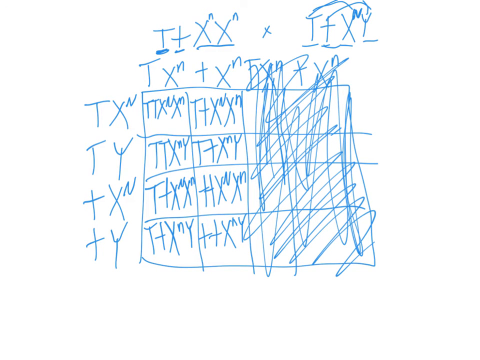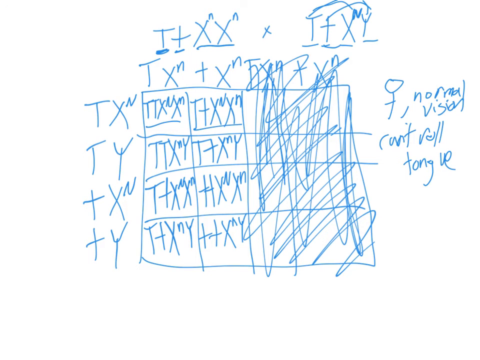Okay, and the problem was asking what are the chances that we have a female child, normal vision, can't roll her tongue. That was the original question. So let's see if any of these are that. Female child, normal vision, can roll her tongue. Female child, normal vision, can roll her tongue.